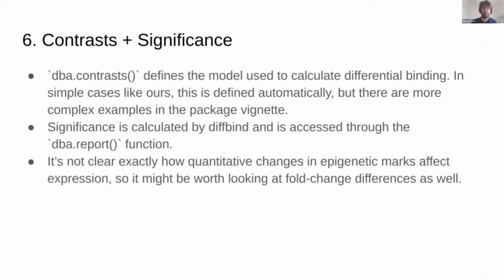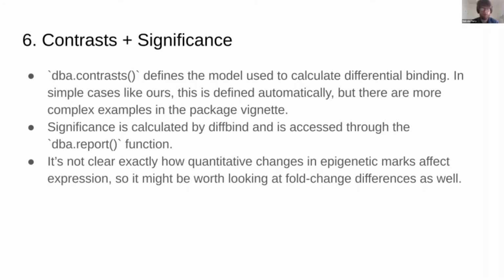But if you look at the vignette, they've got quite a complicated analysis where they have lots of different cancer samples, and you can use the contrast function to create more complicated models with different sets of linear effects, basically. Yeah, they go into detail about that in the vignette.